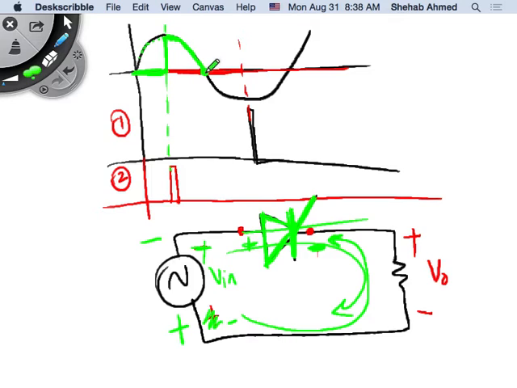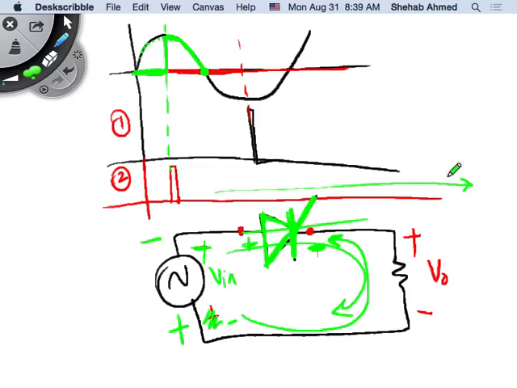So at this point here, it blocks, right? So as soon as it blocks, it's an open circuit. It does not see anything because you did not supply any gate pulses at all after that. It just blocked. That's it. It will not turn on again until you provide another gate pulse, right? So that's the thyristor. Okay.